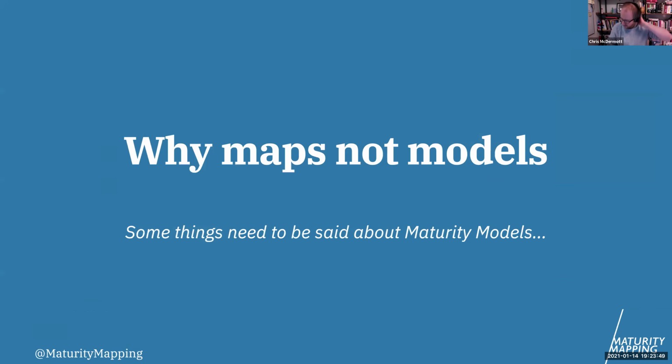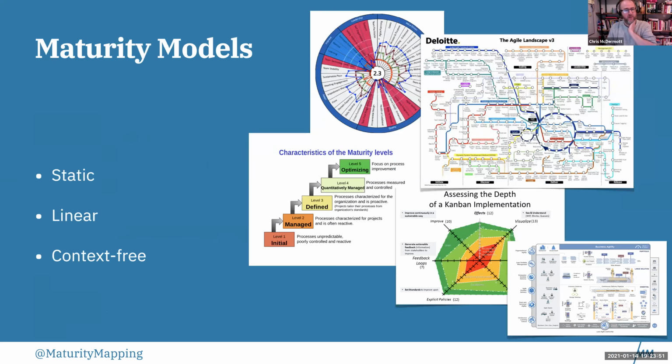Okay, so why maps and not models? Some of you might be familiar with some of these images. These are typical maturity models. We have, in most instances, poor visualizations that don't give us agency. We can't do much with them.